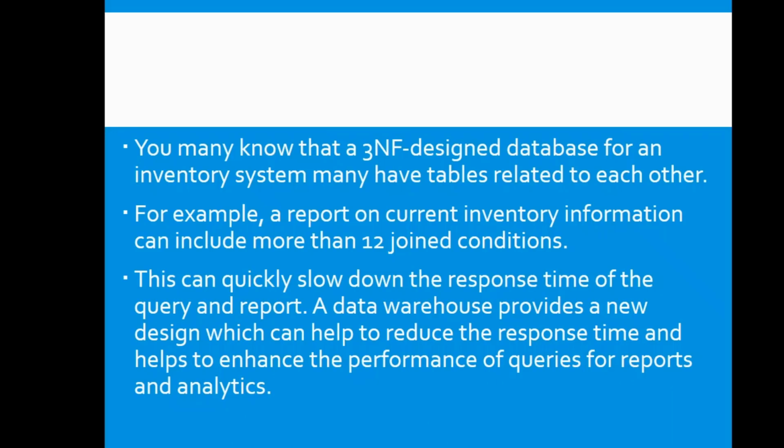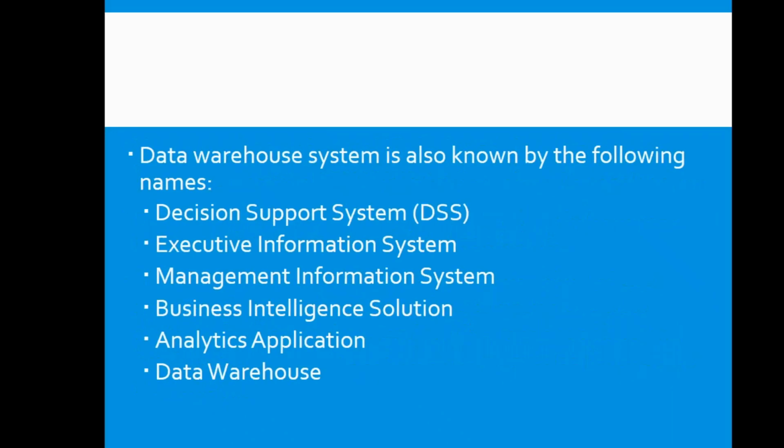When I say join conditions, these are nothing but tables or relations which are joined to each other via table 1 dot column name is equal to table 2 dot another column. This can quickly slow down the response time of the query and report. A data warehouse provides a new design which can help to reduce the response time and enhance the performance of queries for reports and analytics.